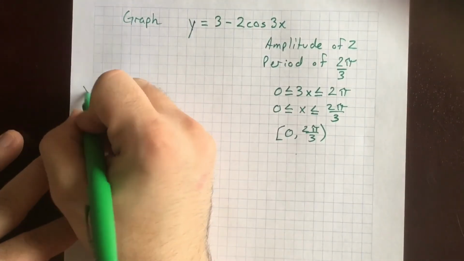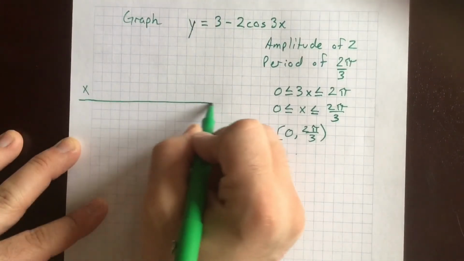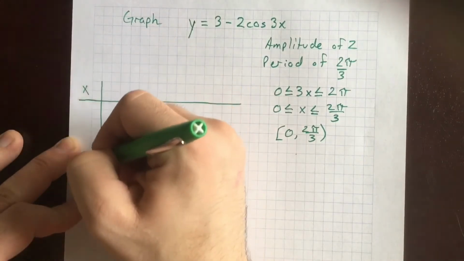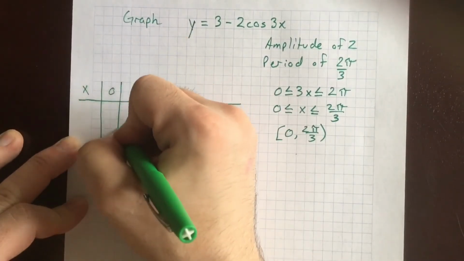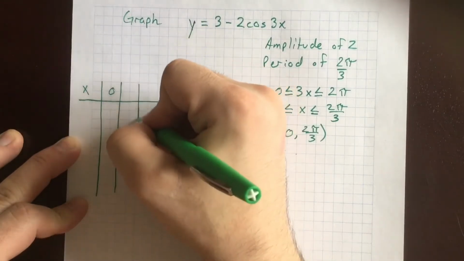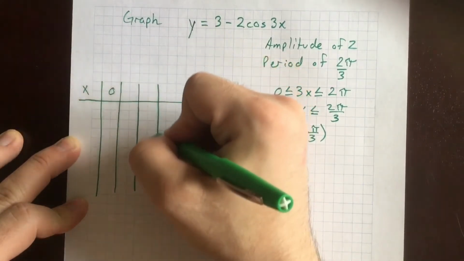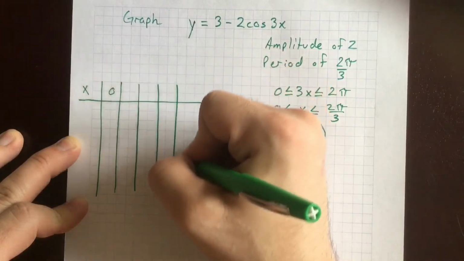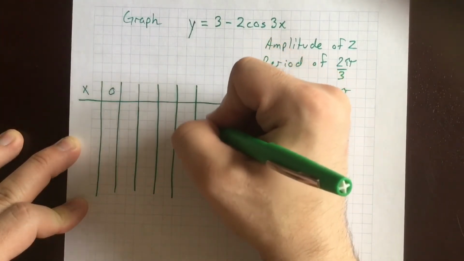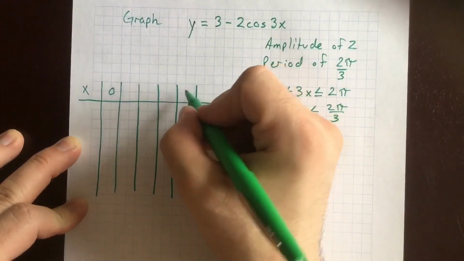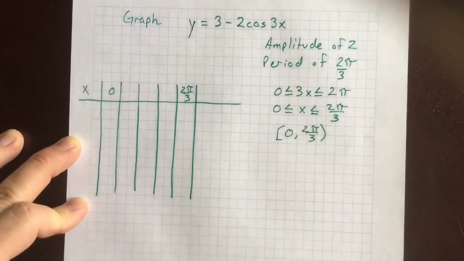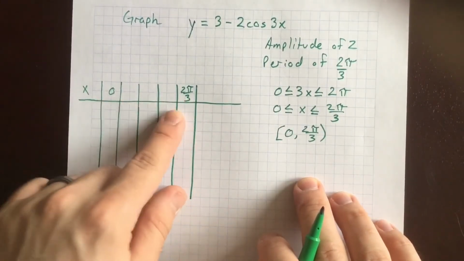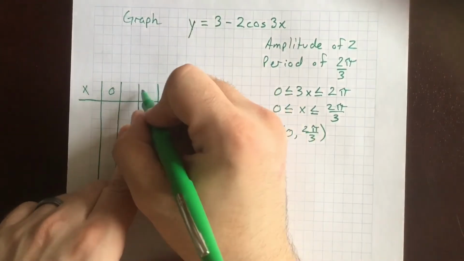So let's say we have x, again, like always, and we're starting with 0, 2, 3, 4, one more. I believe one more. Yes. And 2 pi over 3. So 2 pi over 3 divided by 2 is pi over 3.